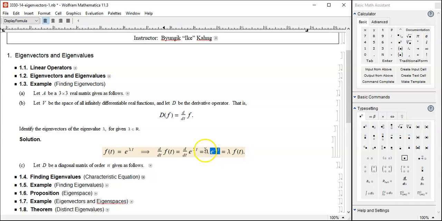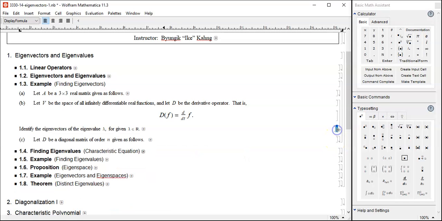But by the chain rule, we have to multiply by the derivative of the inside. And that's how we get this lambda. So what do you get? The derivative of f is lambda times f for this particular function, e to the lambda t. This conclusion is going to be very, very useful in differential equations.